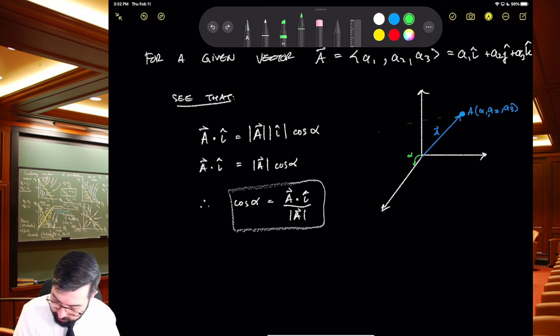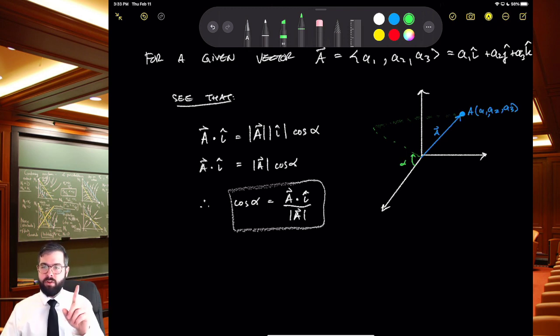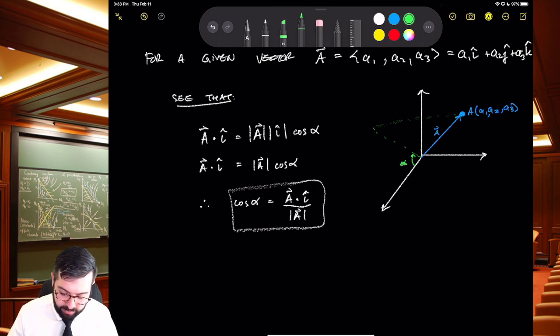Actually, let me redraw that, because that does not reflect what's actually going on. We had this projection over here. This here would be alpha. And so really it's taking the unit vector of A in the direction of i, taking that dot, and that's the cosine of that angle alpha.